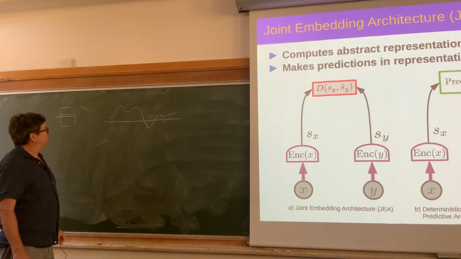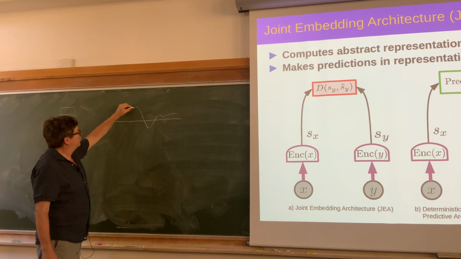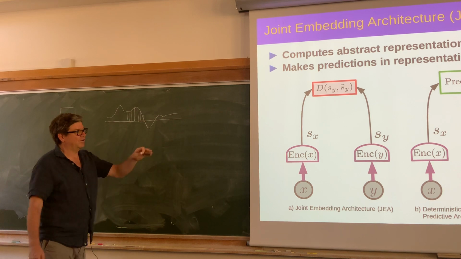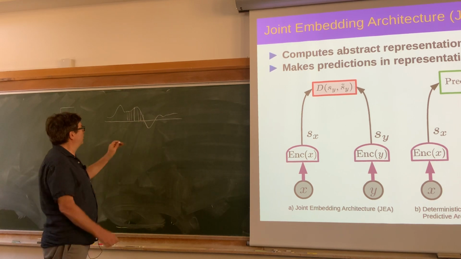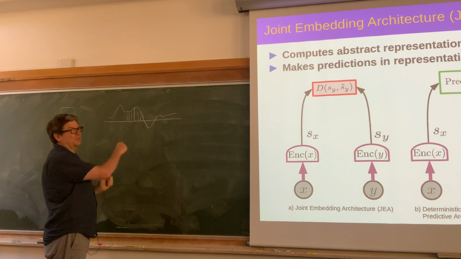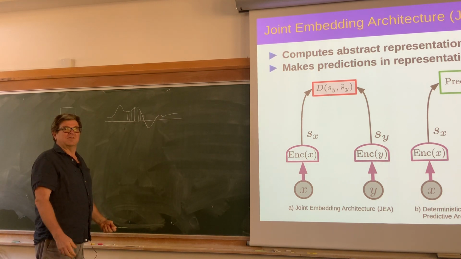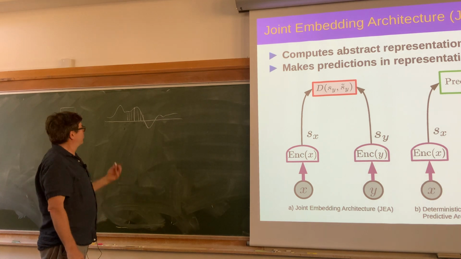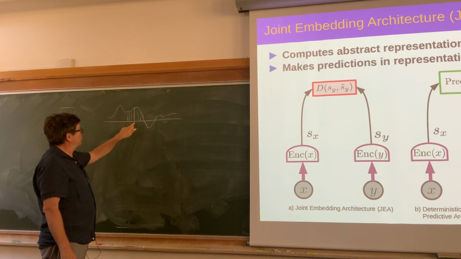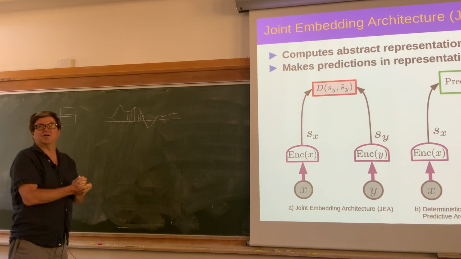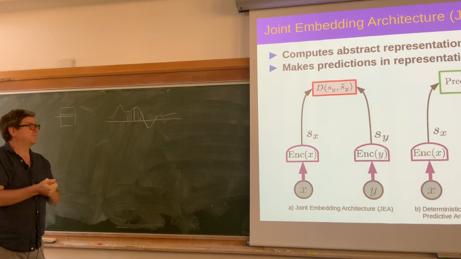And then you ask the question, can I predict the value of a pixel from its neighbors? Which would be a kind of situation like this, where Y is the central pixel, and X is the surrounding pixels. Can I predict Y from X?